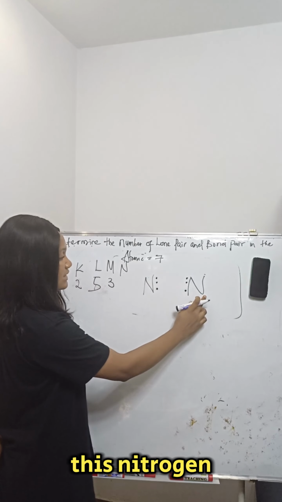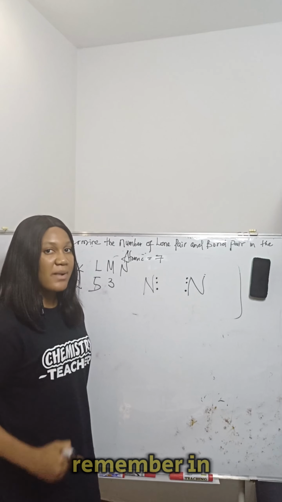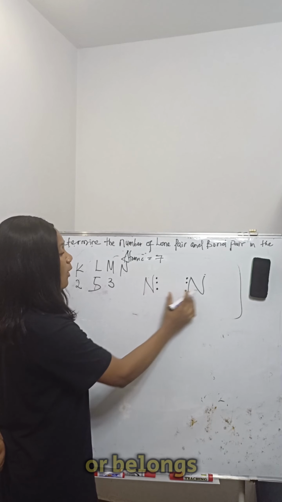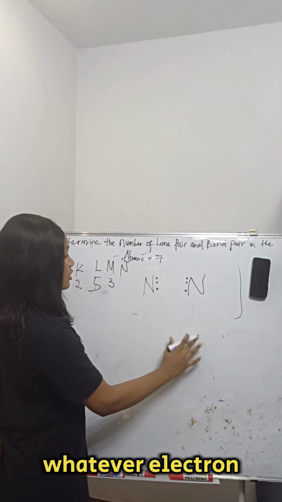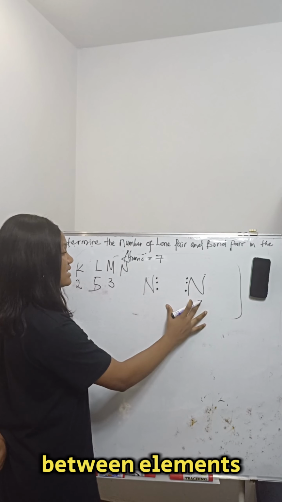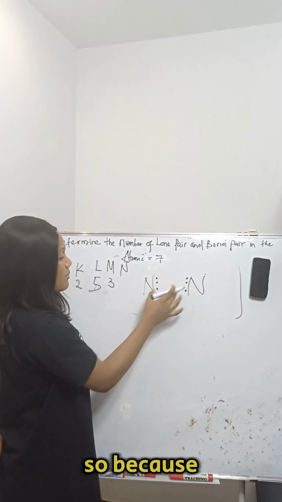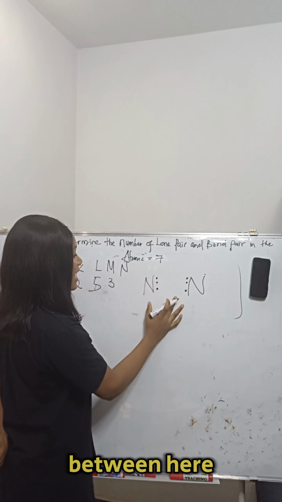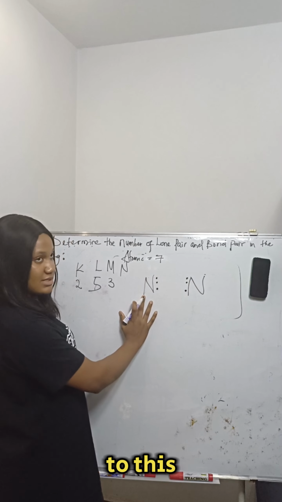This nitrogen now has 1, 2, 3, 4, 5, 6. Remember in your covalent combination, whatever electron is found in between elements belongs to both elements. So because these electrons are in between the nitrogens, all of this between here belongs to this one, and all of this between here belongs to this one.